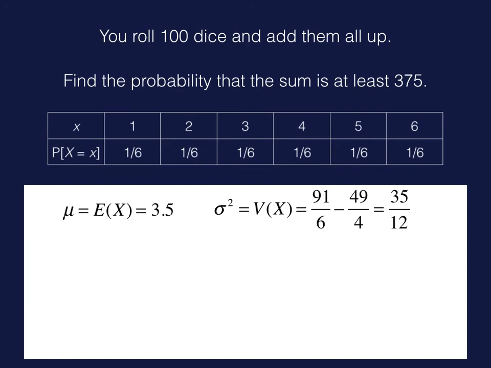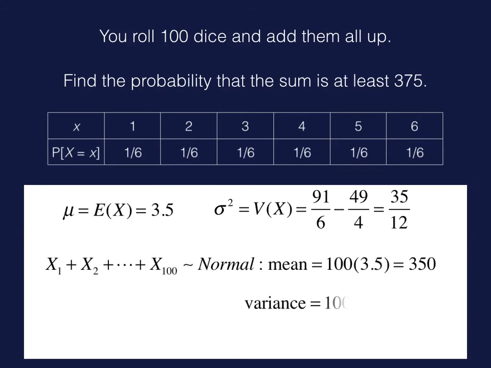So that's the mean and variance of one die roll. The sum of 100 dice is normal with the mean of 100 times 3.5, or 350, and 100 times that fraction for the variance. So I have the mean and variance of the sum.